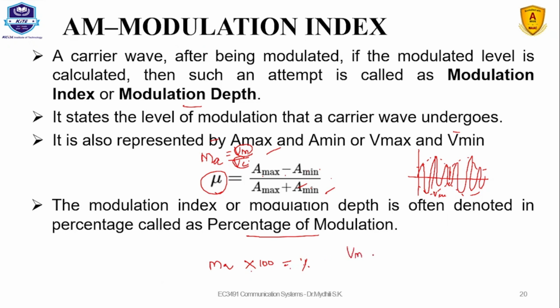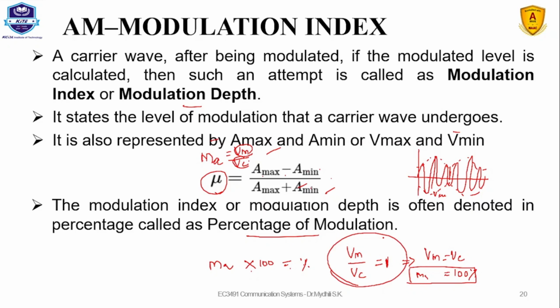When Vm by Vc is equal to 1, it implies Vm and Vc are the same. After multiplying by 100, it gets 100 percent. That is, Ma becomes 100 percent when Vm by Vc is equal to 1.